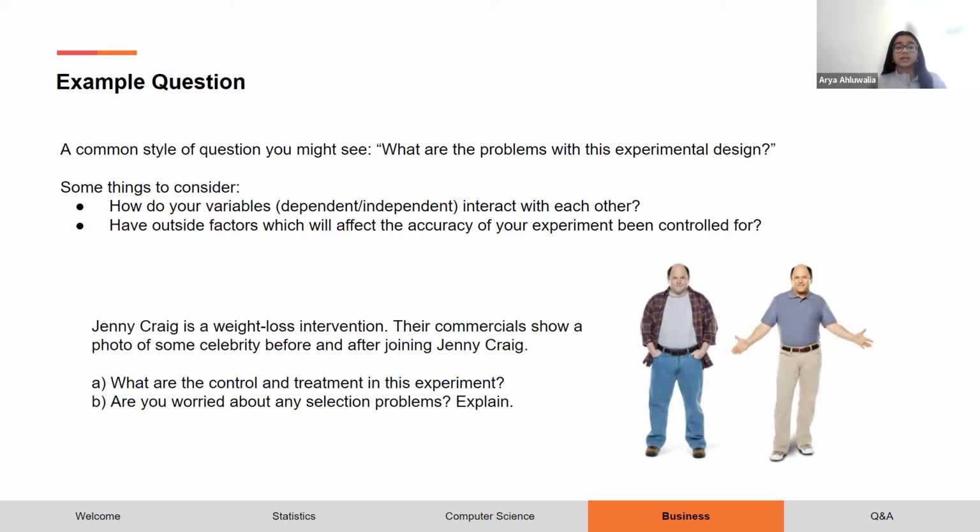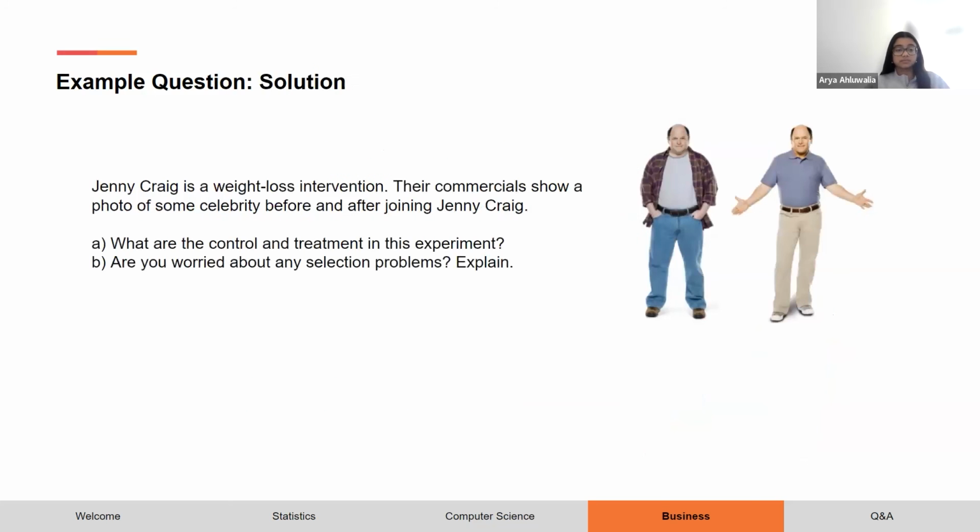So let's first look at A, remembering that the control group is a group that hasn't been changed, and the treatment group is the one that has been changed by the researcher. So in this case, the control group is the weight before the treatment, so there's no change, and the treatment group is the weight after joining Jenny Craig, because then we have imposed changes.